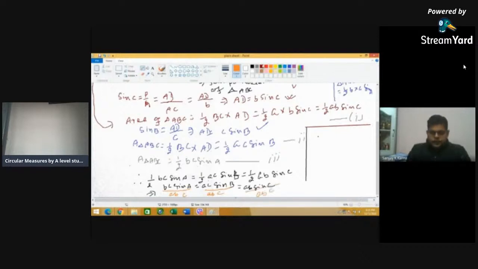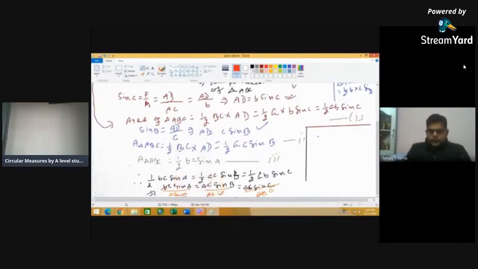You can see here that the term BC and BC got cancelled out in the numerator and the denominator. Similarly, AC and AC are cancelled out, and AB and AB are cancelled out from the numerator and denominator.